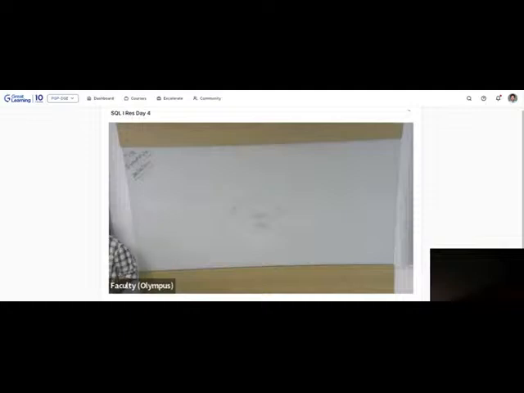Let's call this day 4. Create database day 4, then use day 4, and then run everything. So we are getting these tables: account something, 1, 2, 3, 4, 5, 6, 7 tables.